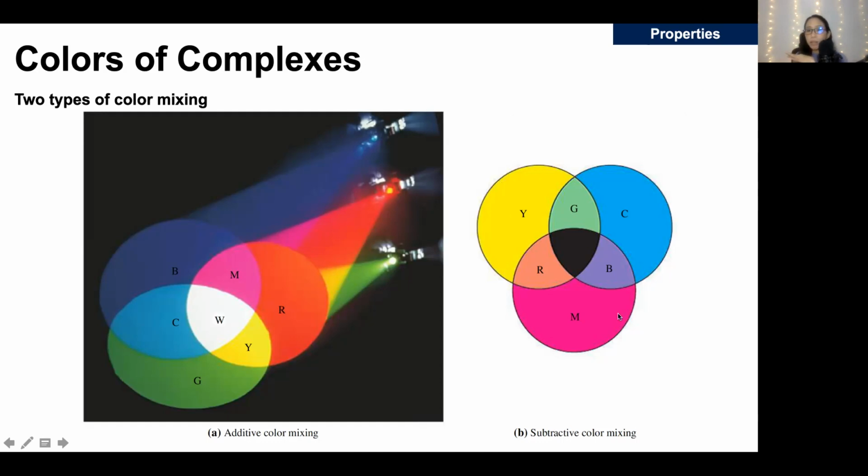If your material removes green, you will see magenta, or vice versa. If your material removes blue, you will see yellow. If your material removes all of the colors, then you will see black, because there is no more white light passing through the material. That is what we call subtractive color mixing.